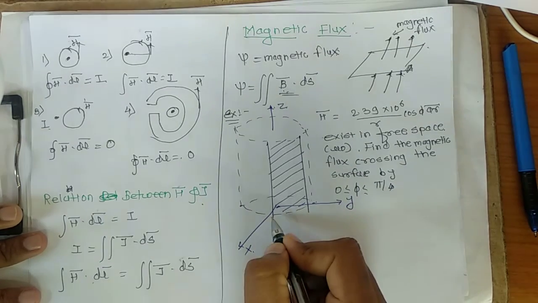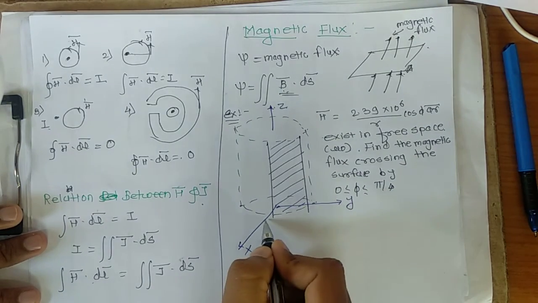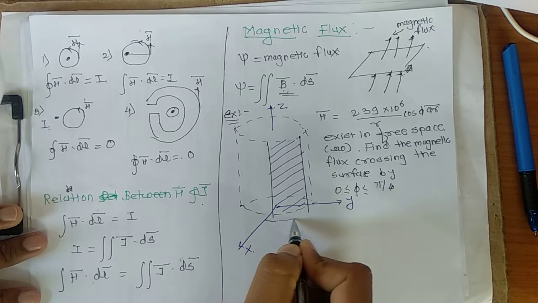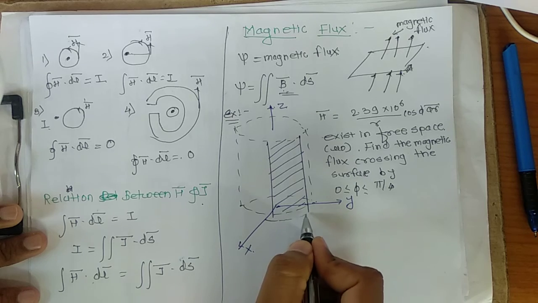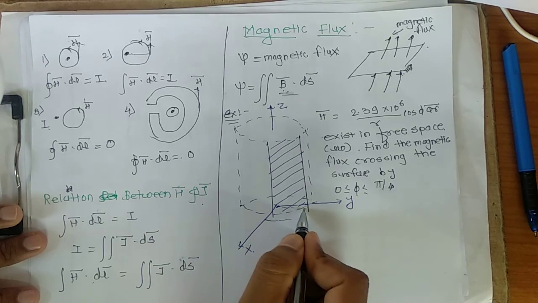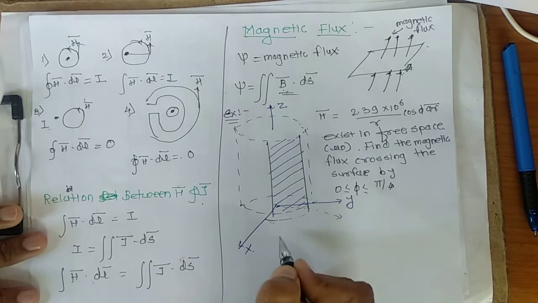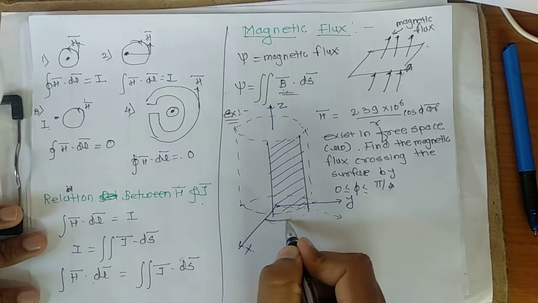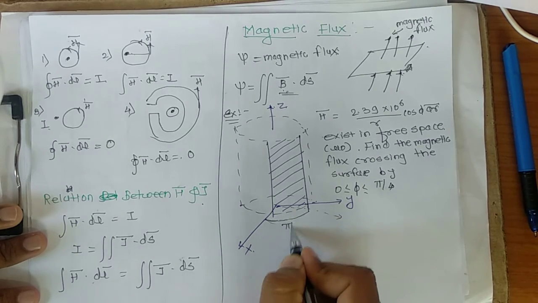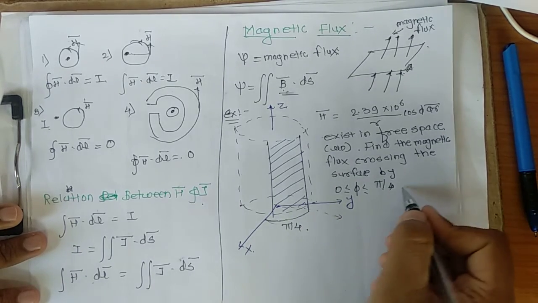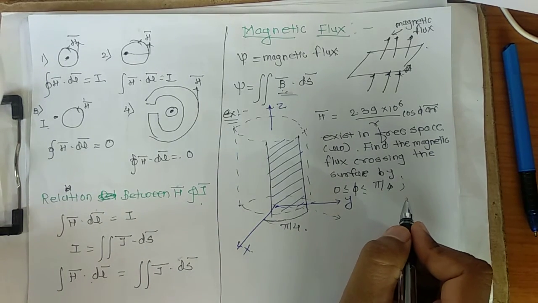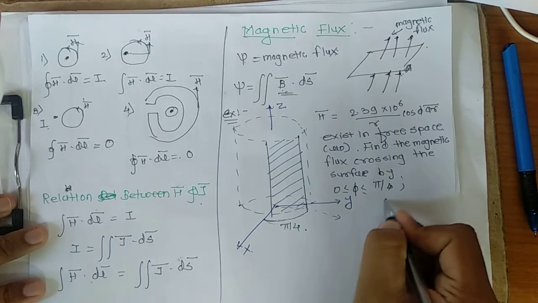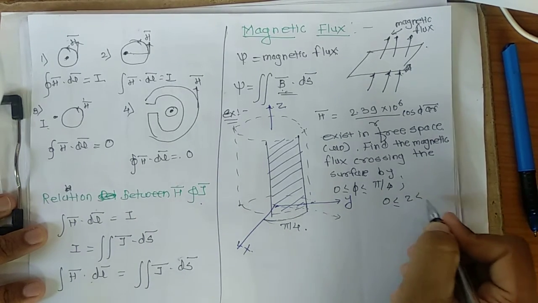Now phi starts measuring from 0, from the x-axis, and it will measure up to pi by 4, up to this point. So I will draw here. This angle should be pi by 4. And one more thing they have given: Z is varying from 0 to 1 meter.